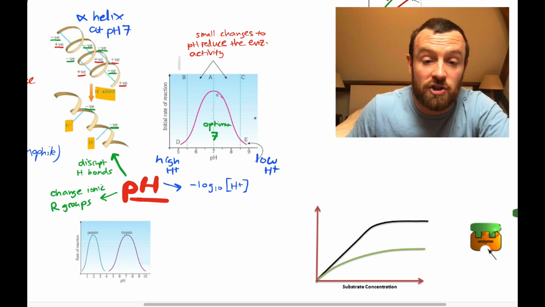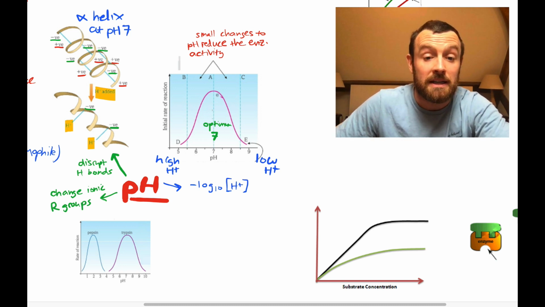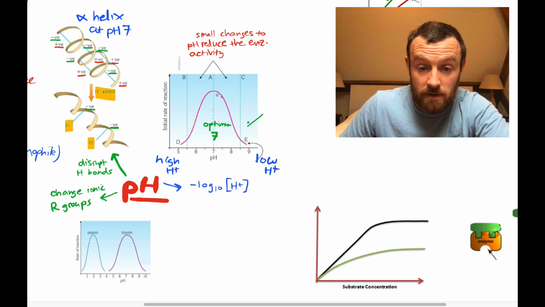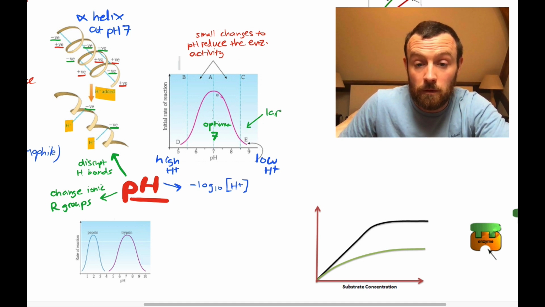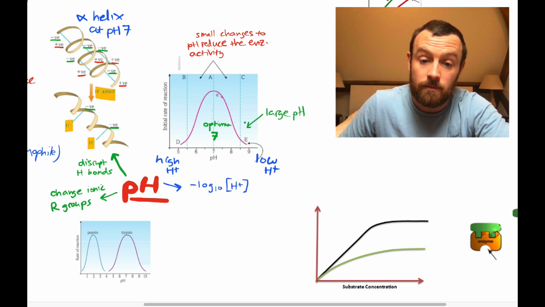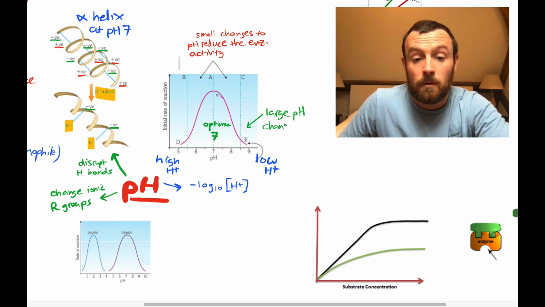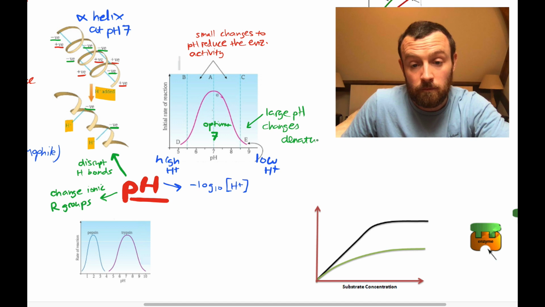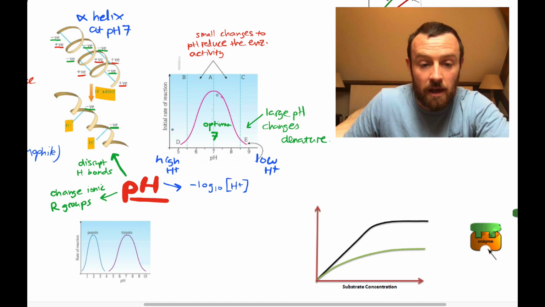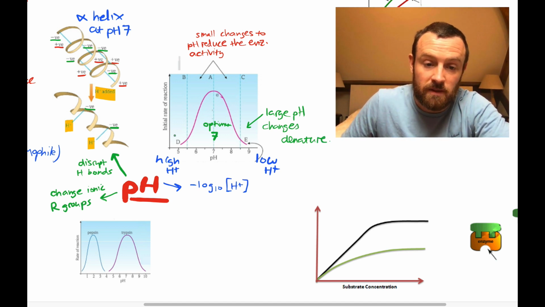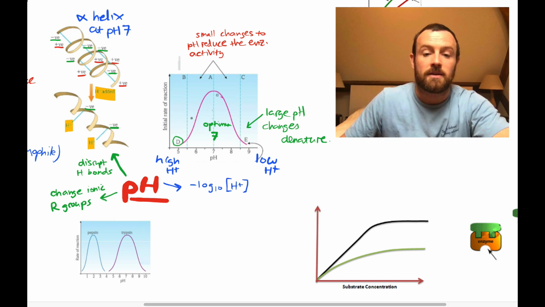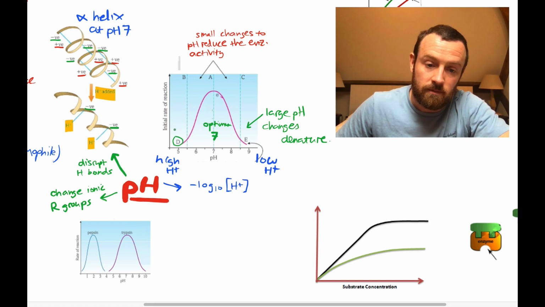For larger changes, it can permanently denature the enzyme. So large pH changes denature. That's over here, and also over here as well. So at D and E, we have denaturing.